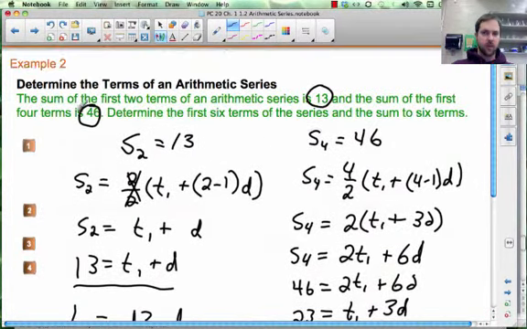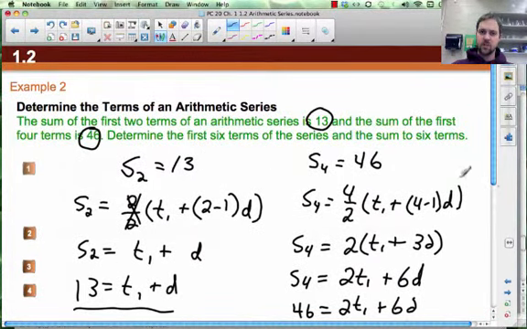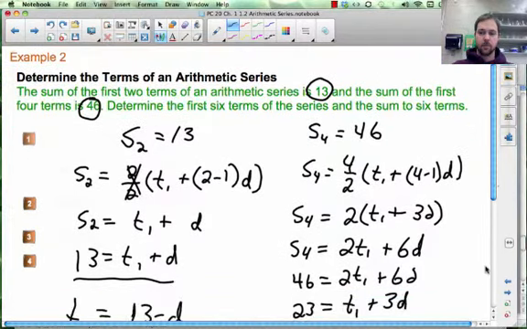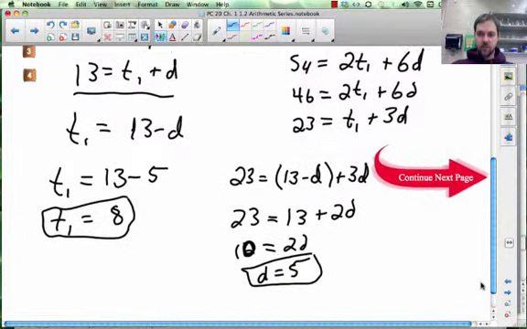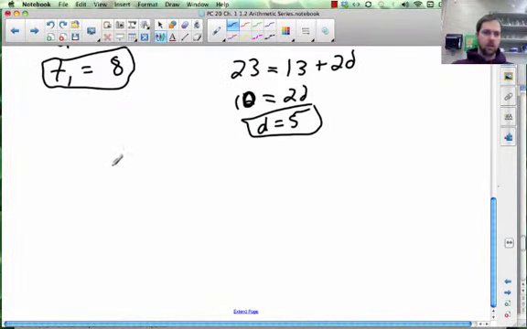So let's see what else we were asked to do. Determine the first 6 terms of the series. We're going to start with term 1, and we're going to add 5 to find every subsequent term after that.